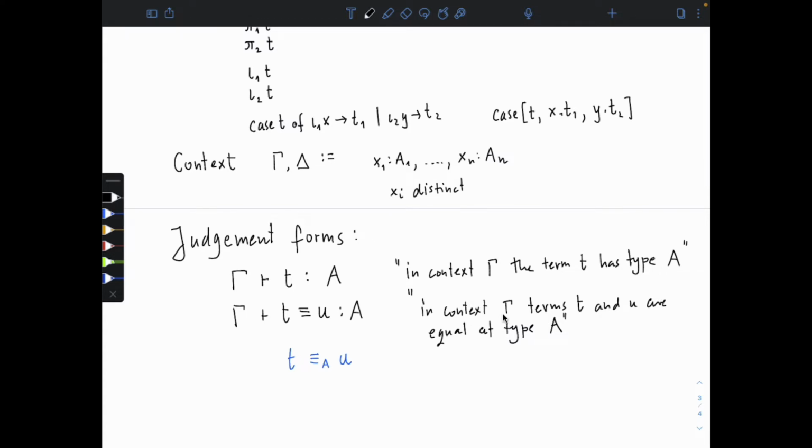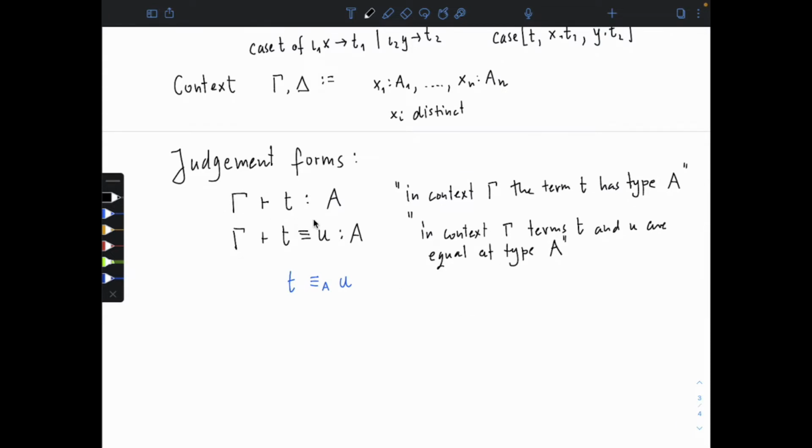Okay, now come the rules. We have syntax explaining what your syntactic expressions look like, and there might be several classes of syntactic expressions, so terms and types. Then judgment forms: what is it that we will assert? We could assert the truth of a proposition, or the fact that a construction has been carried out, that an element of a type has been built, and this is precisely what the first judgment form is saying.